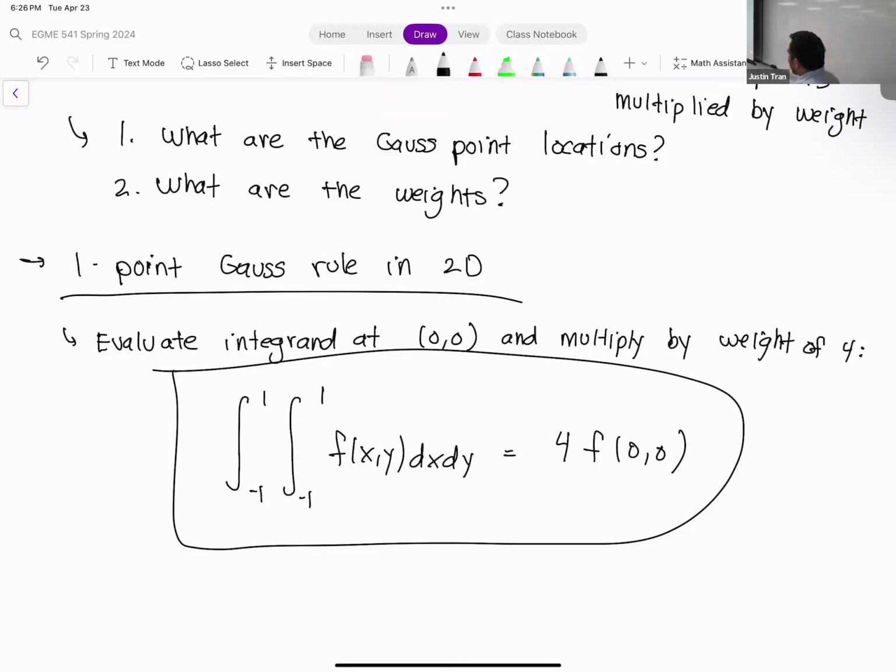You're just evaluating the integrand at the origin and multiplying by 4. Of course it's not the most accurate. This will work if you have a very simple integrand, say strictly linear functions, then this is going to be perfectly fine.